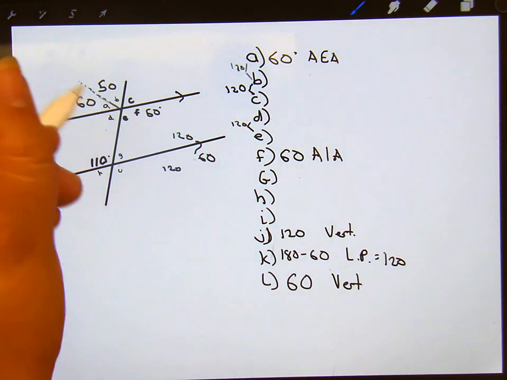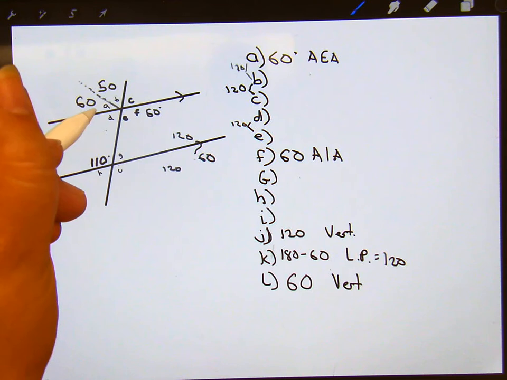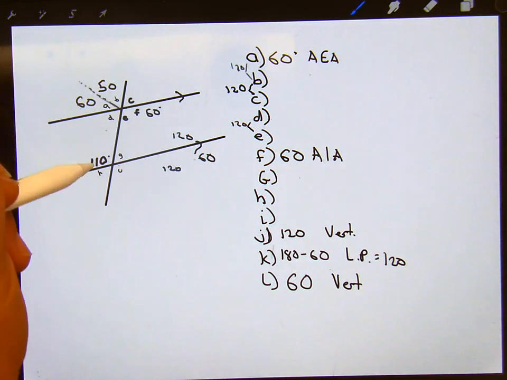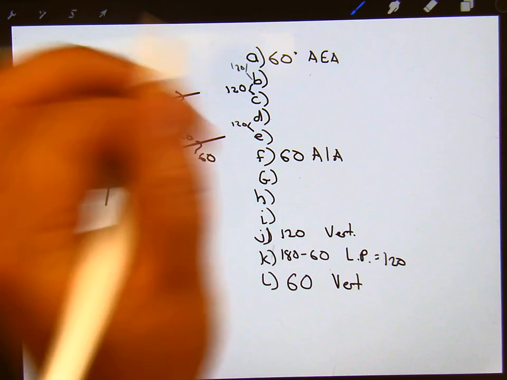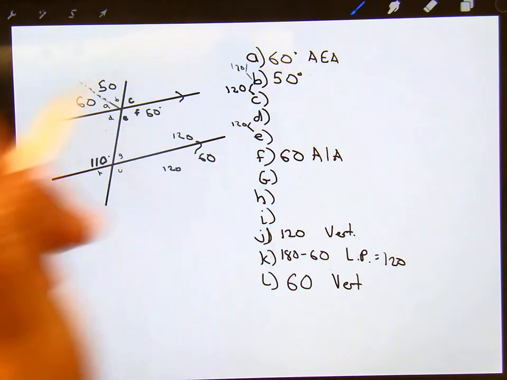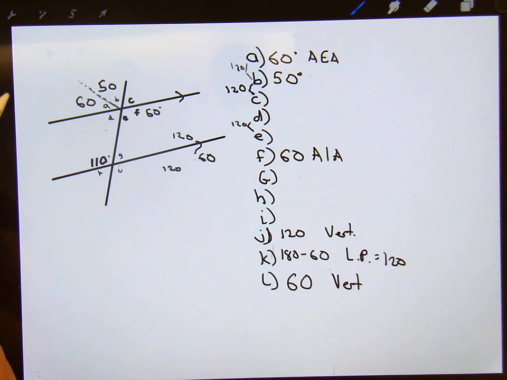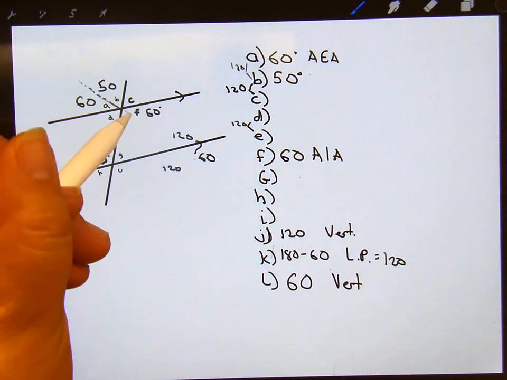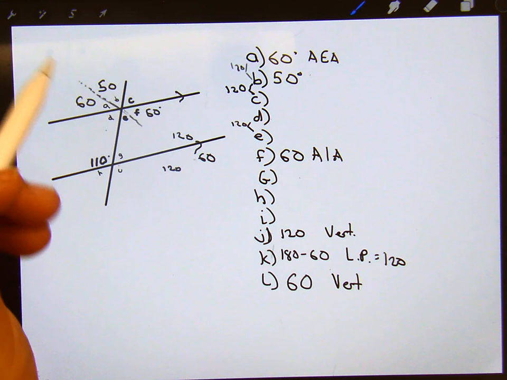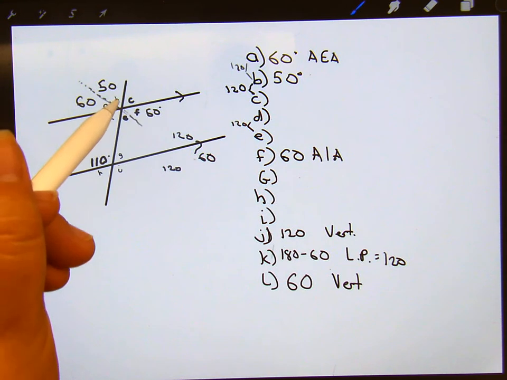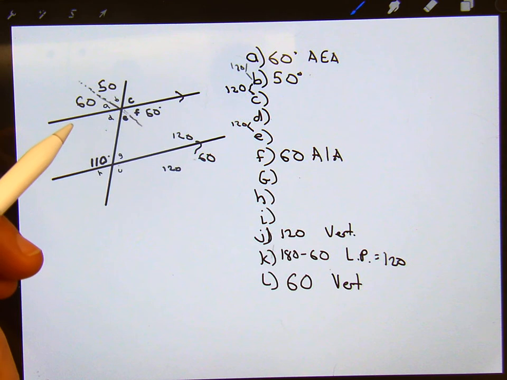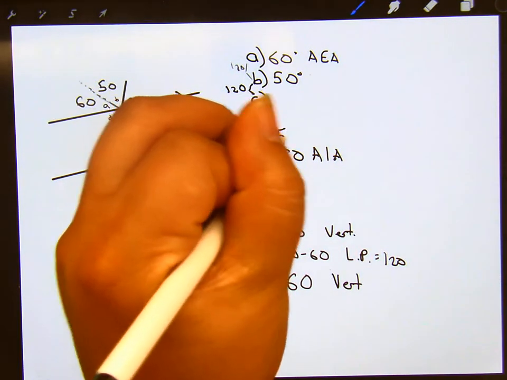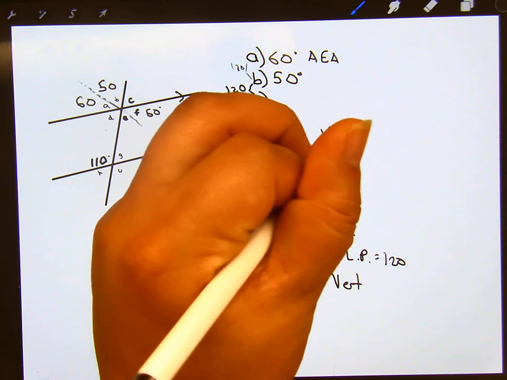So we use our knowledge from the previous one. We figured out what A was. We know that this is 110. A plus B has to equal that. So B has to be 50 degrees. We also know that B and E are vertical angles, so E has to be 50 degrees because of vertical angles.